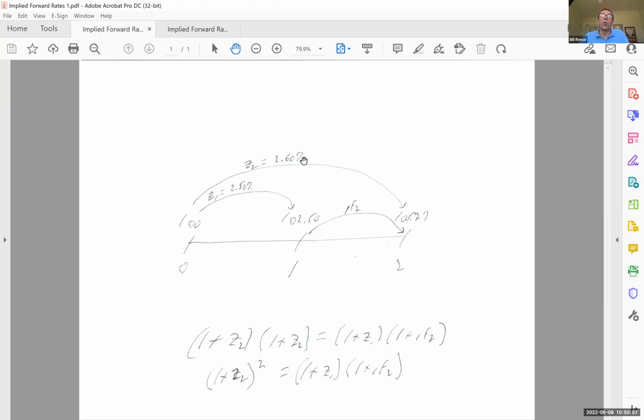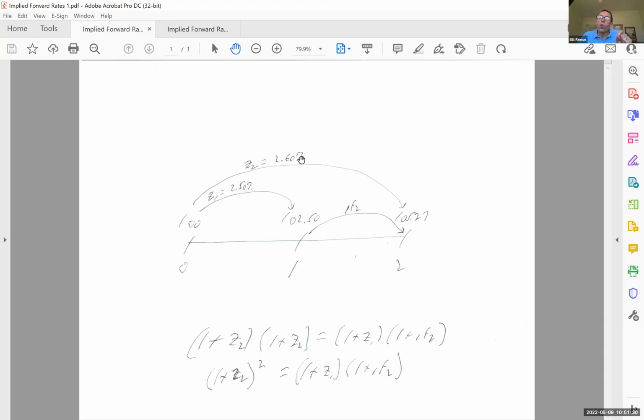So 2.6% is an average of 2.5% and what? So that 2.6% is an average of 2.5% and 1F2. Well, that one you can do in your head. 2.7%, right? 2.5%, 2.7%. What's the average of that? 2.6%. That tells us 1F2 is going to be 2.7% and close to it, okay?